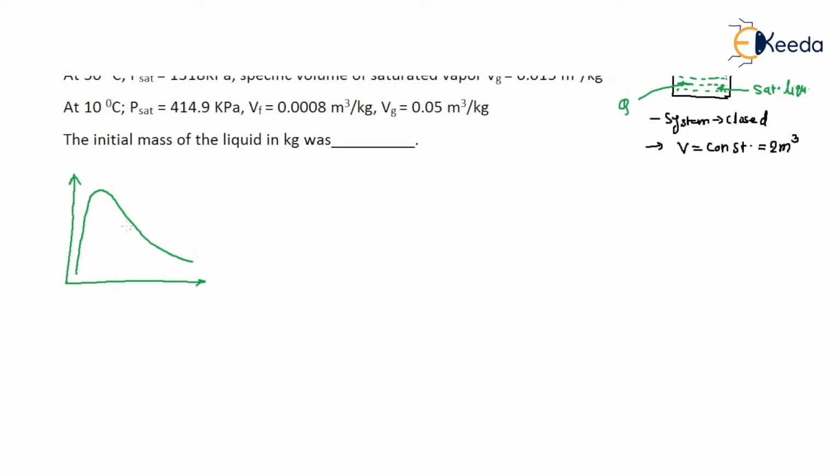this is your PV diagram for such a process. This is the saturation curve, this is saturated vapor, and this is saturated liquid. This is pressure and specific volume in meter cube per kg.